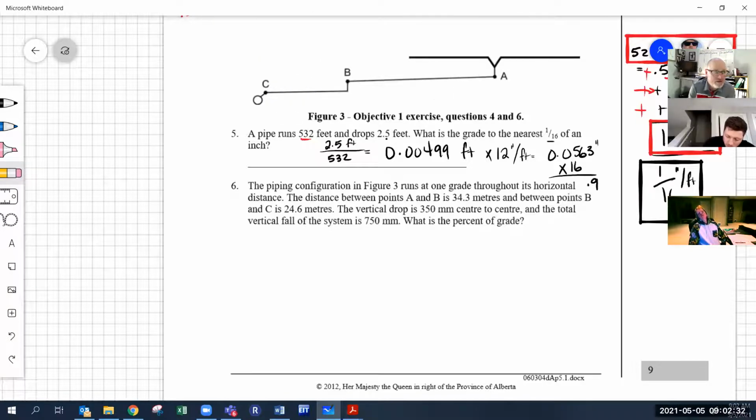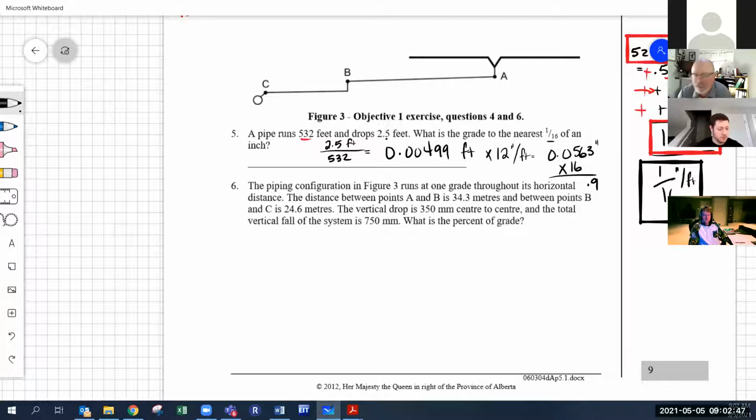Sorry, Doug, when I punch in 2.5 divided by 532, I get 4.69. Me too. Same here. Does it have a minus 0.03 at the end? Yes, so hit the mode button on your calculator, and then the number 9.